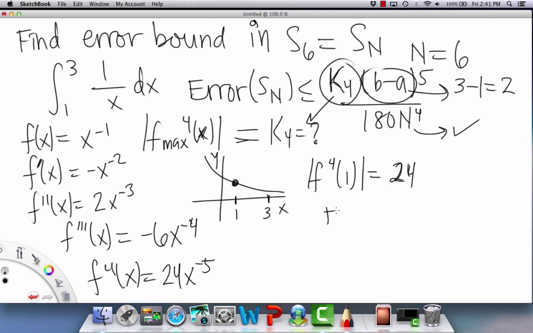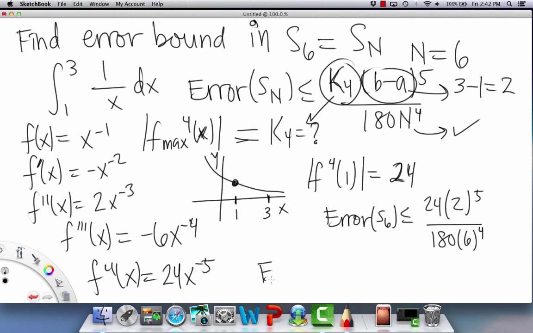So our error of S6 is less than or equal to 24 times, and we found b minus a equals 2, so 2 to the 5th over 180, and then we have a 6 for our n, to the 4th. So this actually turns out to be error of S6 is less than or equal to 0.0033.